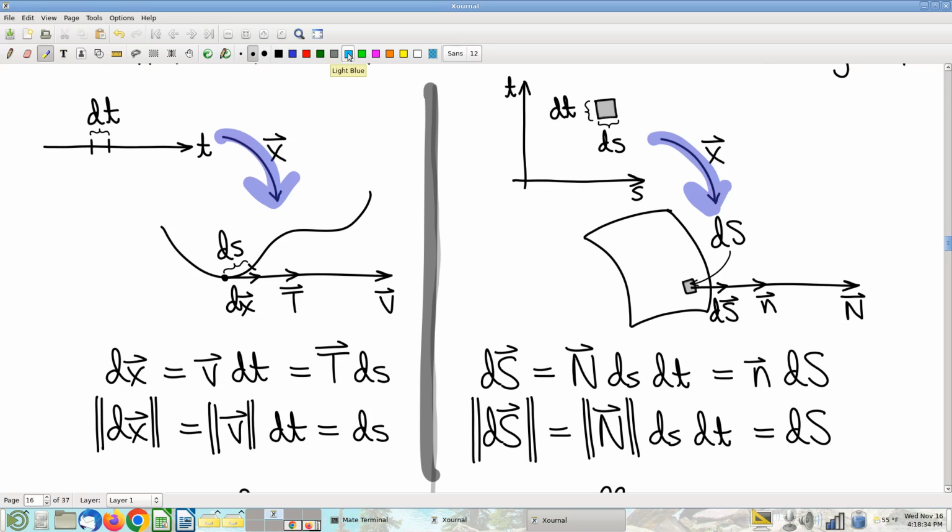Next, the derivative of a parametric curve is velocity. The derivative of a parametric surface, well, let's think about that for a second. There's actually a couple of partial derivatives, and capital N is neither of the partial derivatives, but it comes directly from those partial derivatives. It's a cross product of the partials.